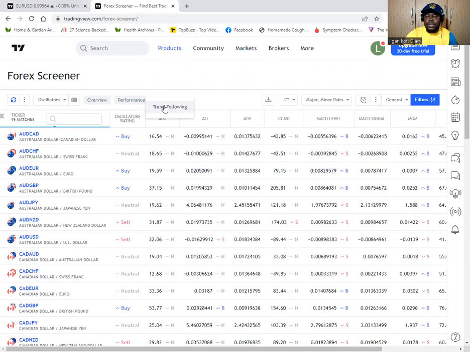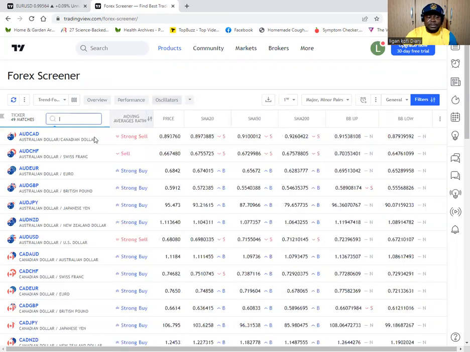Assuming you want to use the trend following indicators, you click on trend following and it's going to change. Now, what are the trend following indicators? Let's look at them. It's giving you simple moving average 20, simple moving average 50, simple moving average 200, then Bollinger upper band and Bollinger lower band.